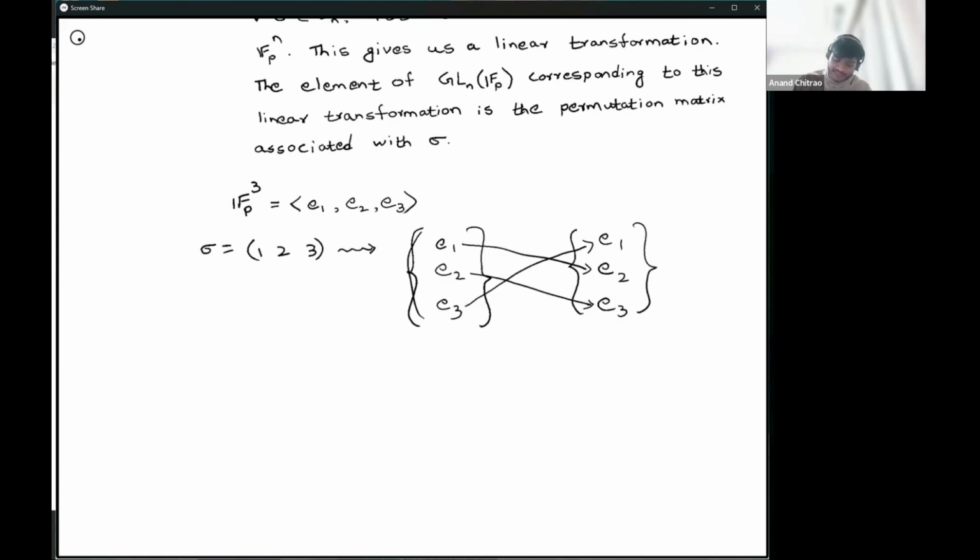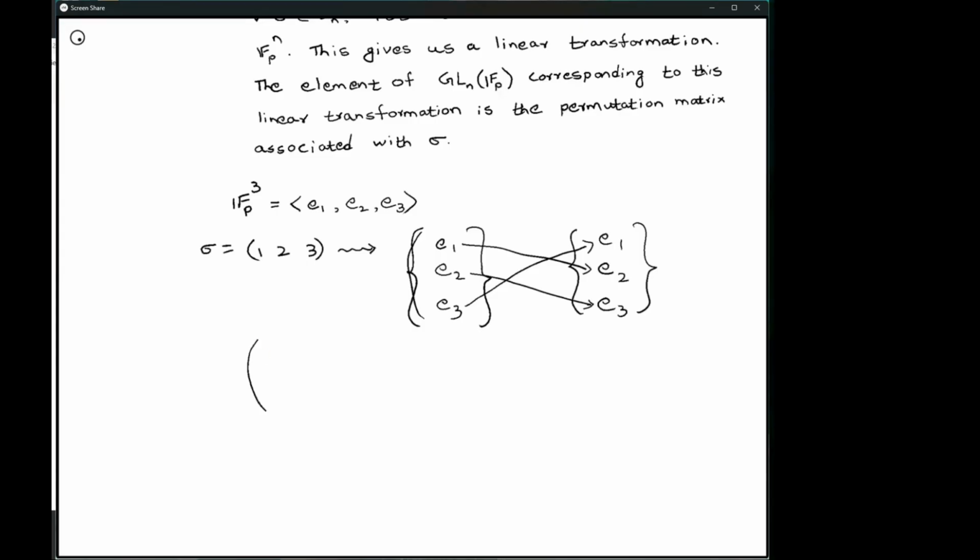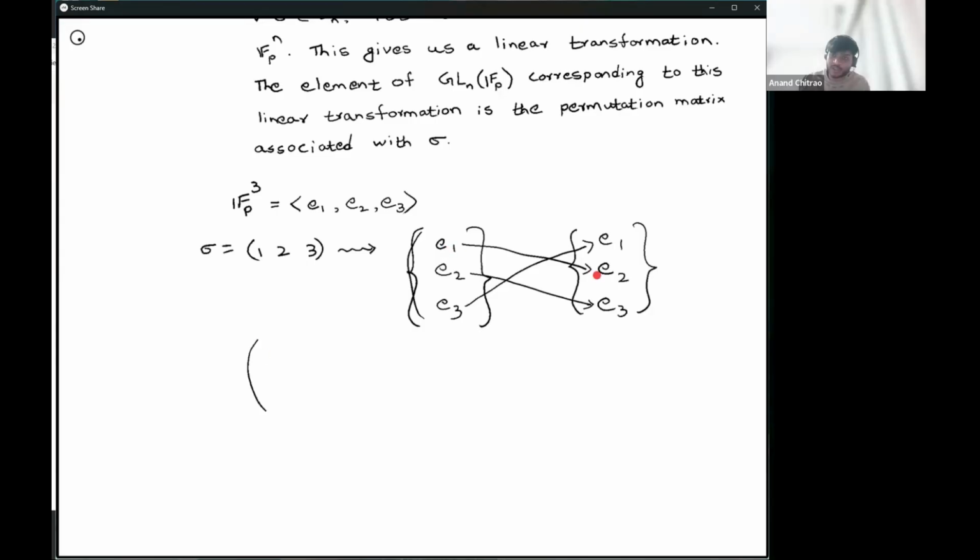Let's write down the matrix. How does one compute the matrix associated to this linear transformation? The first column of the matrix is where E1 goes. E1 goes to E2, which is (0, 1, 0).